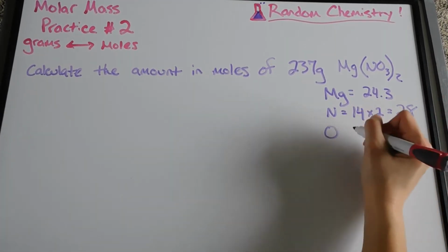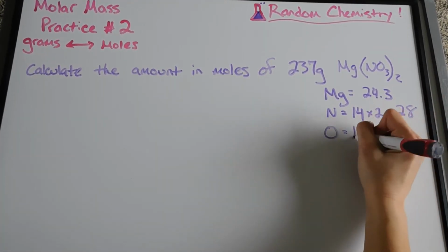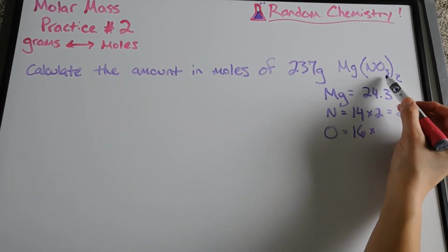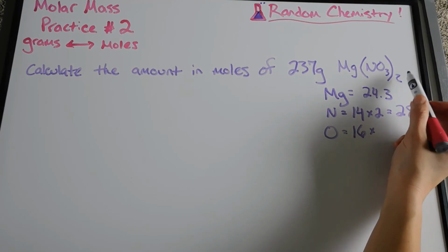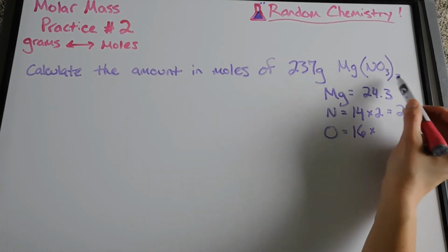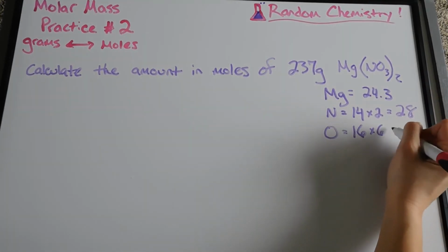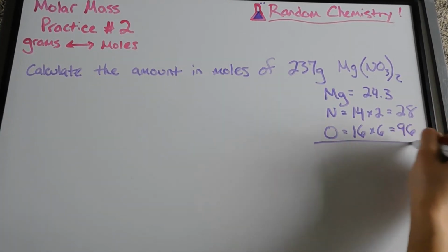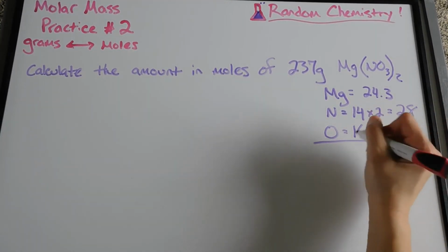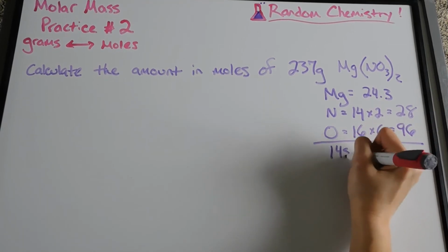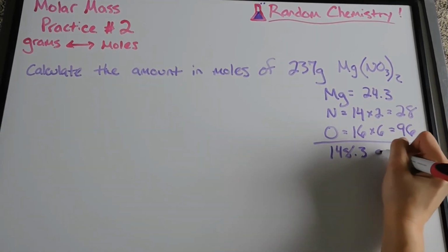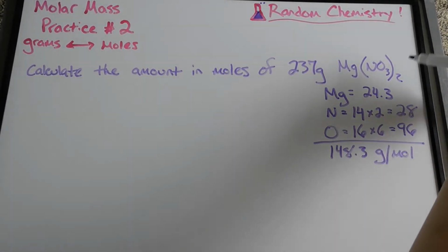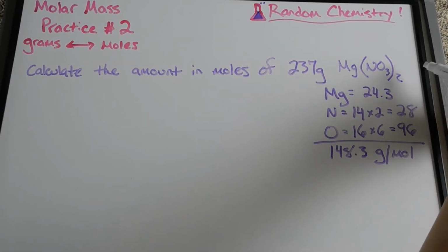Oxygen is 16, but we have 6 because there's 3 in here, and then there's 2 of this whole polyatomic ion, so 3 times 2 is 6, which gives us 96. Once you add all that together, that gives us 148.3 grams per mole. So that's the molar mass of 1 mole of this formula.